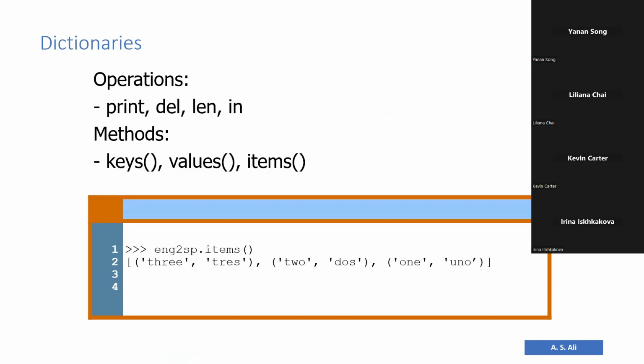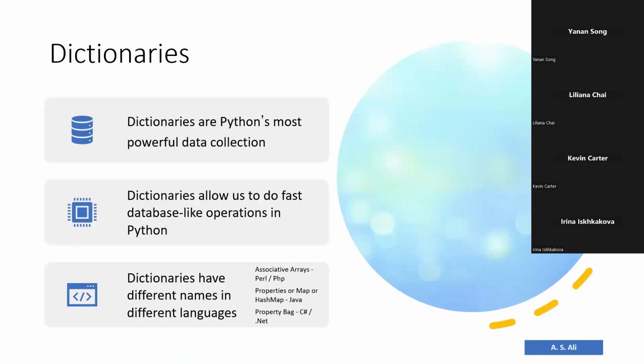You will see some very nice use cases of dictionary. It's a very powerful data collection. Actually, the most powerful. It's more powerful than a list and more powerful than a tuple. It's like working with a database.